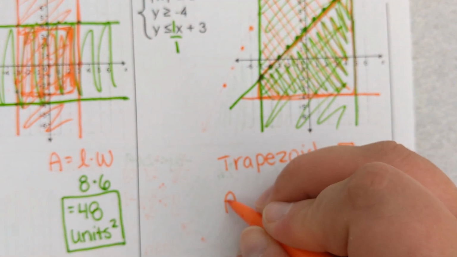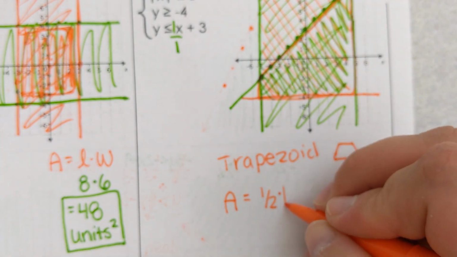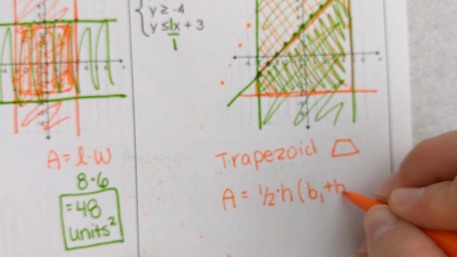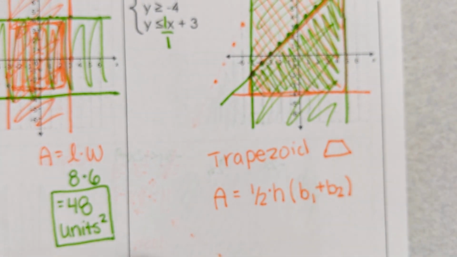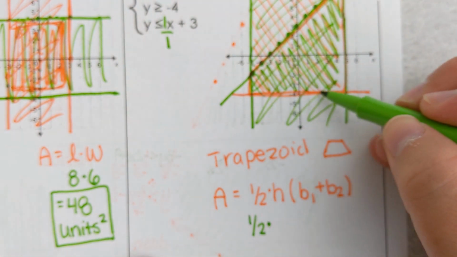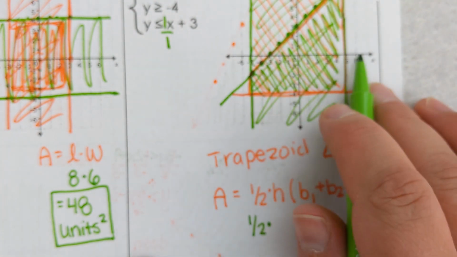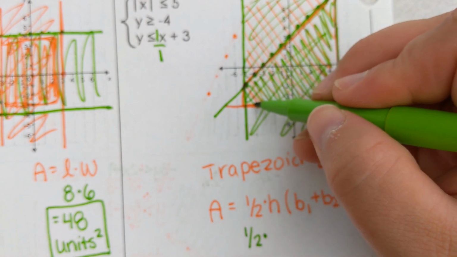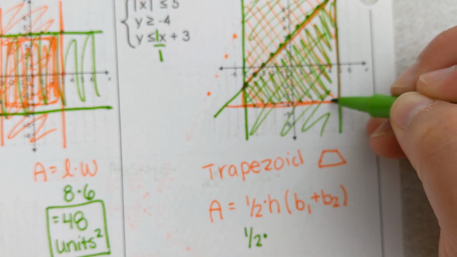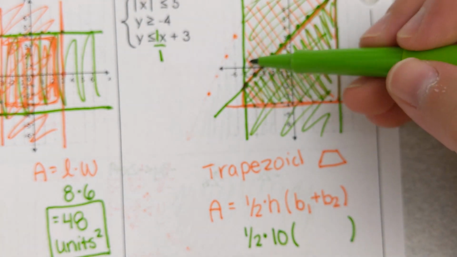But for their area, and it's okay if you have to look up an area formula, it is 1/2 times the height times base 1 plus base 2. So for this one, keep the 1/2. The height is the side across from the slanty side. See how these two are parallel? Those are your bases. So this is 1, 2, 3, 4, 5, 6, 7, 8, 9, 10. And then I'll add together these two sides.